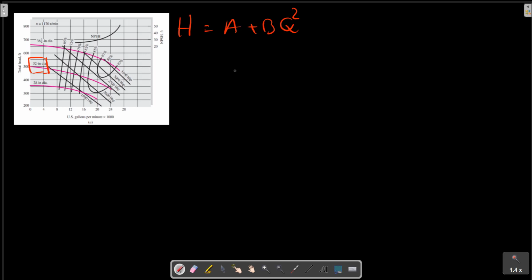Now we have a relation for the system head as a function of Q square. We have two types of solution. The first one is a graphical solution.